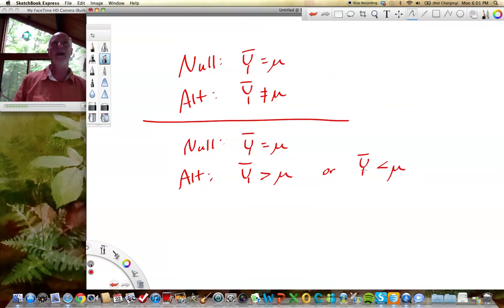Now, why would we ask that? Well, maybe, for example, our two competing species, one of them is an invasive. And we have reason to believe, due to its size or whatever, that it's going to be more competitive than the native species. And so our null hypothesis would be no difference. Y bar equals mu. But, actually I'm comparing two groups here, aren't I? But I have an index of 1.